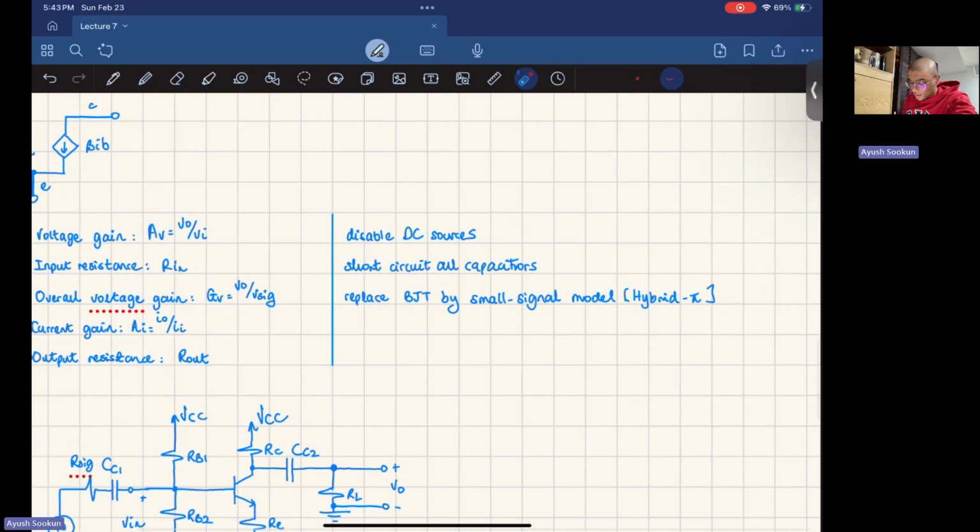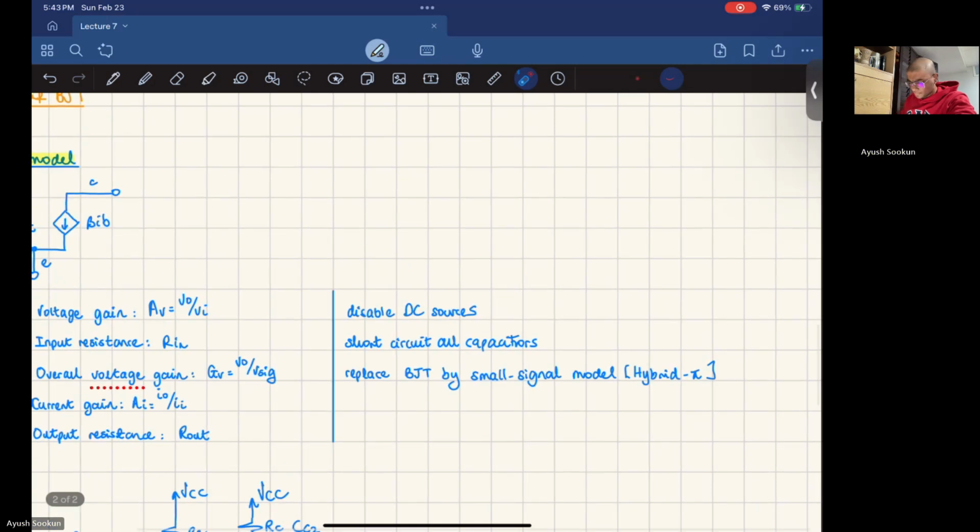To achieve this, you need to disable all DC sources in your circuit. Why would you do that? Because we're working with everything that's not DC. Short circuit all capacitors, right? If you remember from circuit theory, the impedance of a capacitor is Xc equal to 1 over jwC.